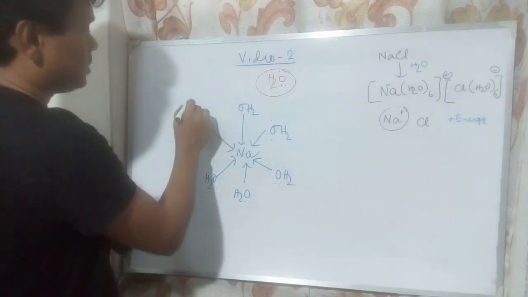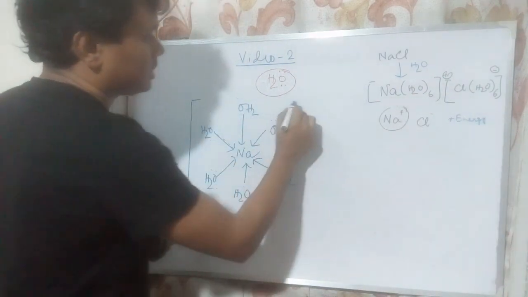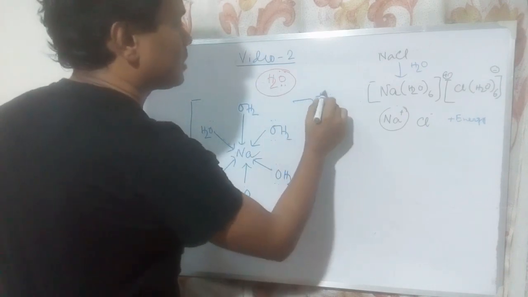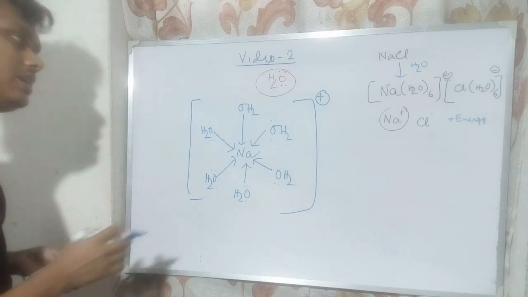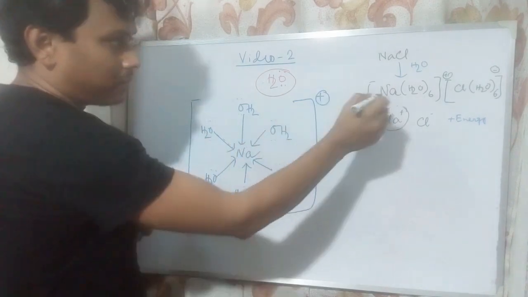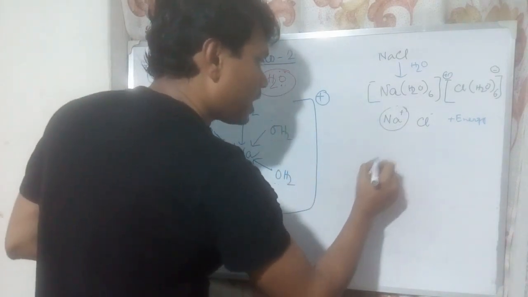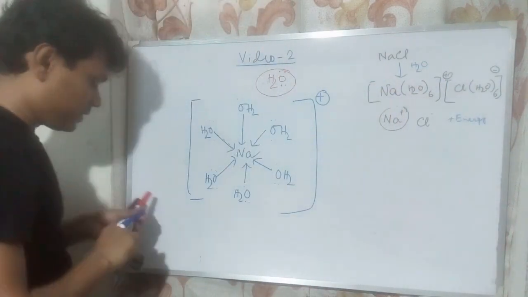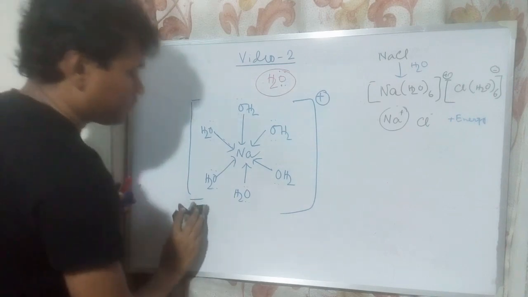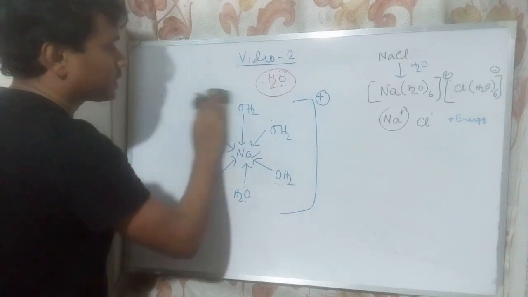Okay, so this is the process of solvation of sodium. Similarly, chlorine is solvated by the hydrogen of water molecules. Okay, we have explained the solvation of inorganic salt.